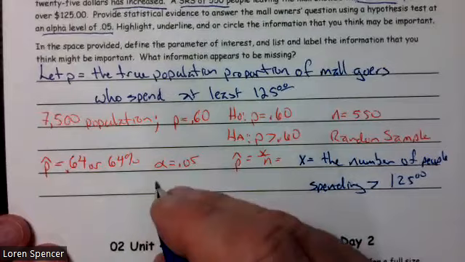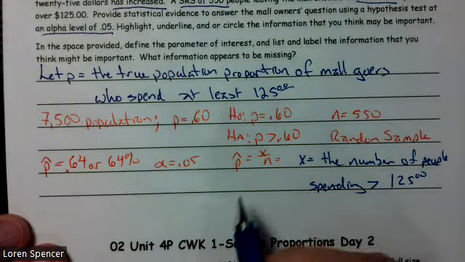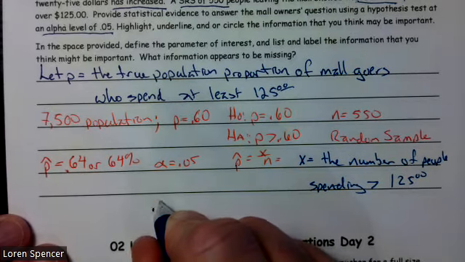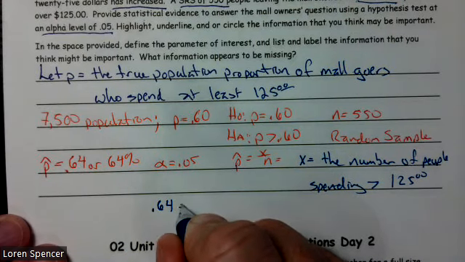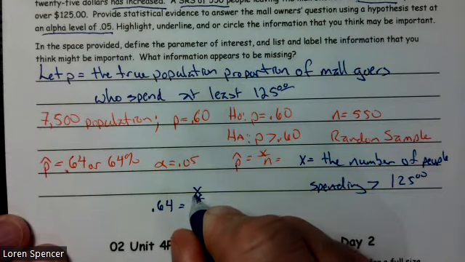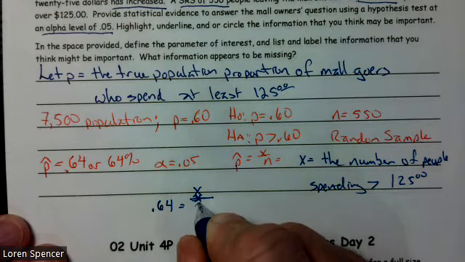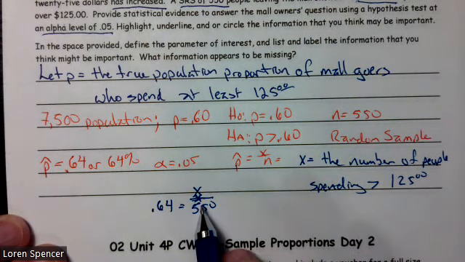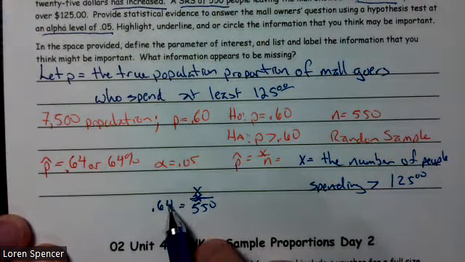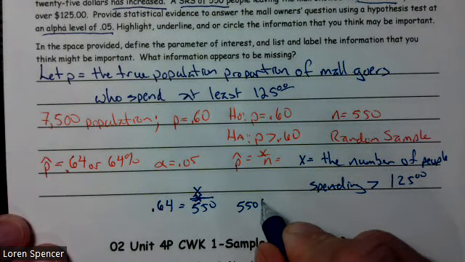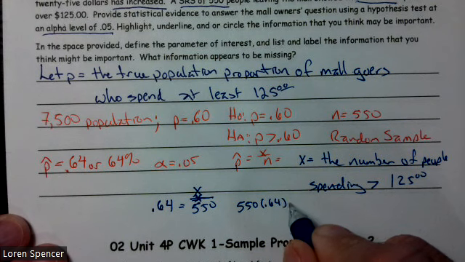And the way we would find that is we'd go, well, I know p hat. So p hat is 0.64. We don't have x, but we do have an n of 550. And I can solve that by multiplying 550 times 0.64.